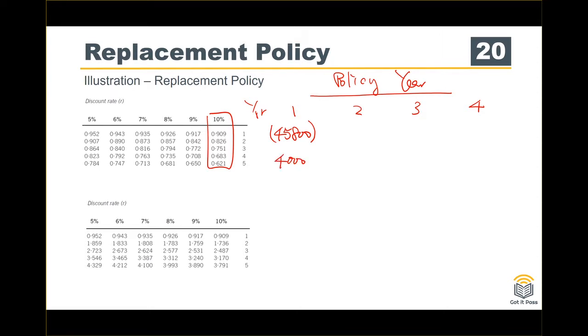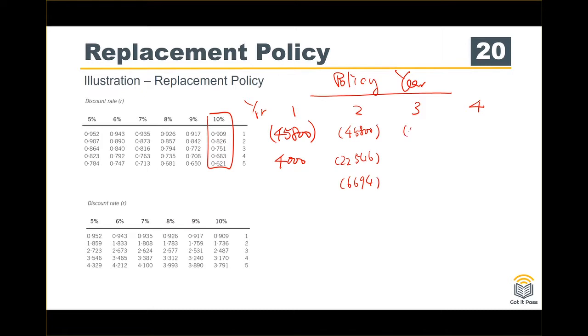For the first year, you have 2 cash flows, and the second year you have 45,800, and then 25,564, and then 6,694.